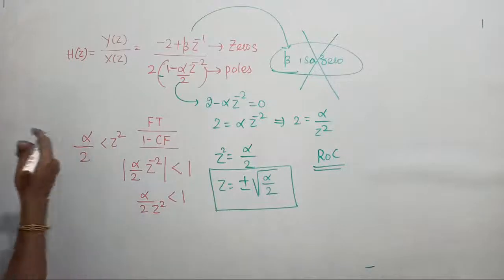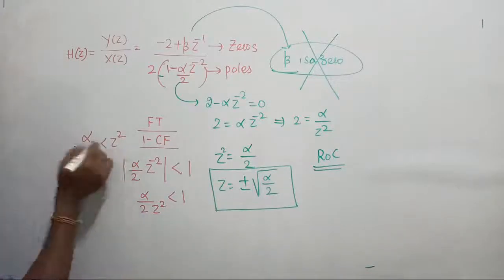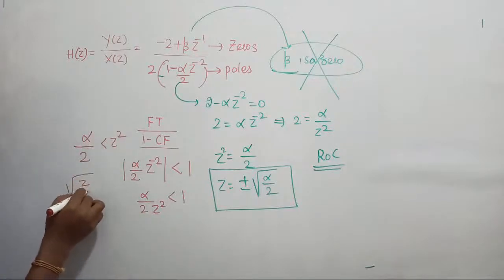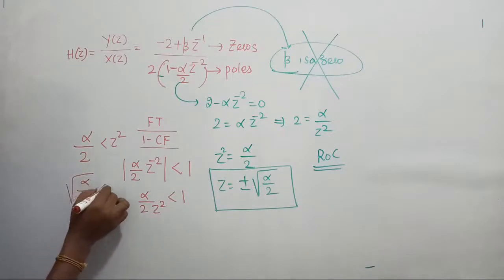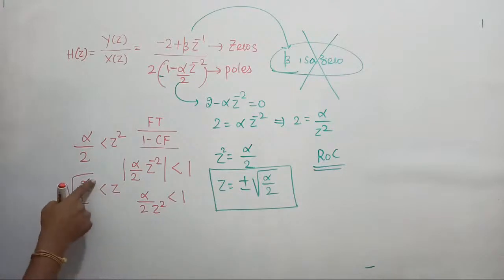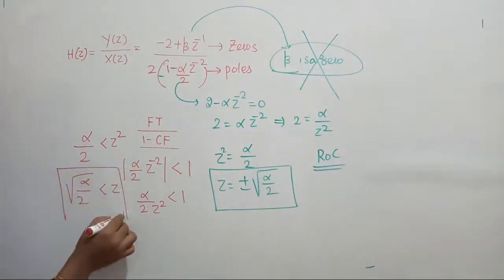Clear? We can take the square root on both sides, considering only the positive value, such that this becomes z. So z should be greater than the square root of alpha by 2 in order for your system to become stable.